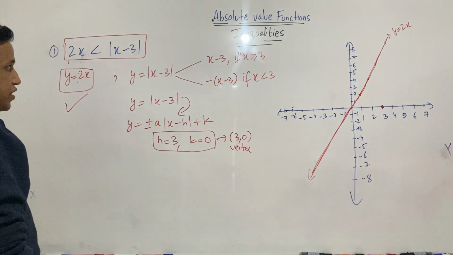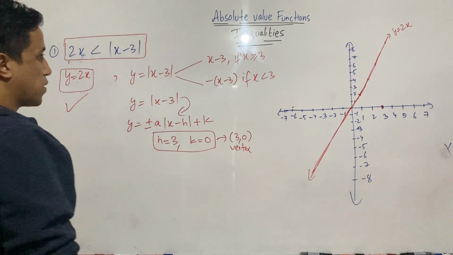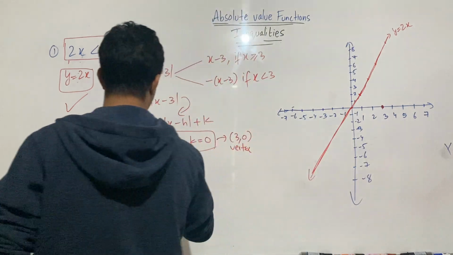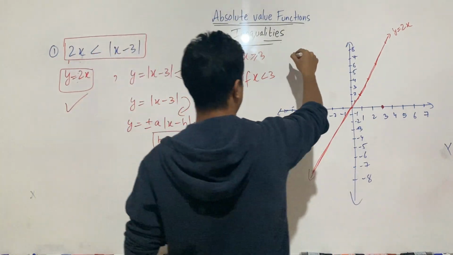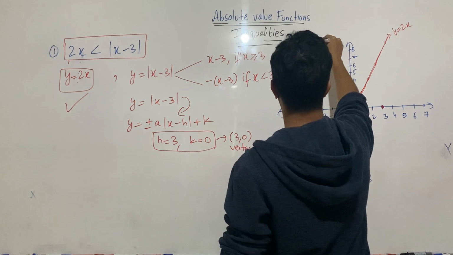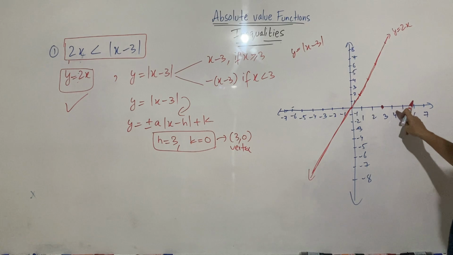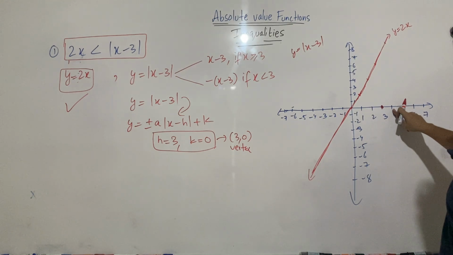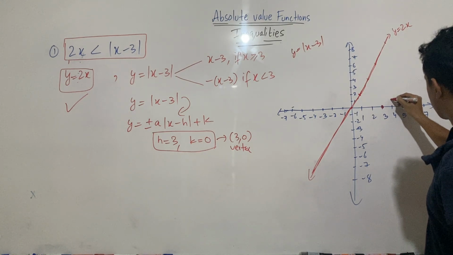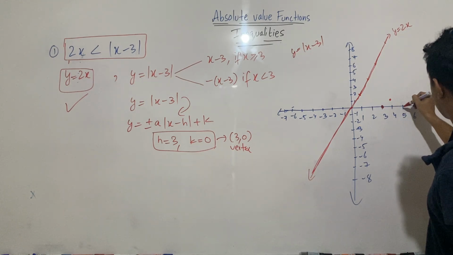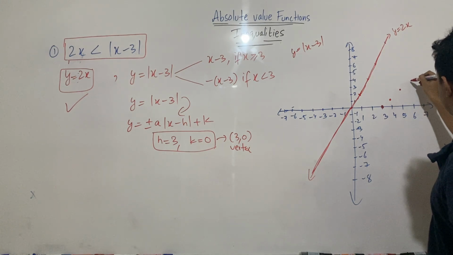So for x greater than 3, let's take the value for 4. y equals the absolute value of x minus 3. If x is 4, then it's going to be 1. For 5, y is 2. For 6, it's 3.